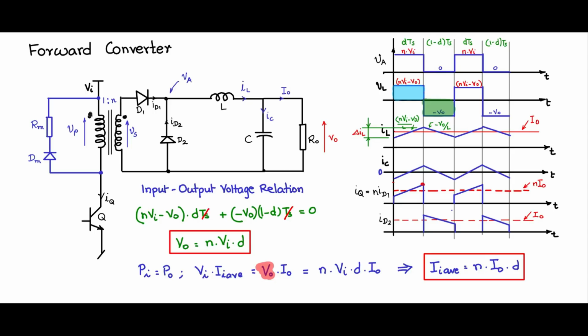So I will use that equation, that during the time when the switch is on, and let us say for the forward converter, the maximum on time or maximum D can be 0.5. So during the time TS by 2, when this is on, you will see the voltage across the primary as VI, voltage across the secondary will be N times VI, and that would be the half cycle average, whether it is during the on time or during the off time.